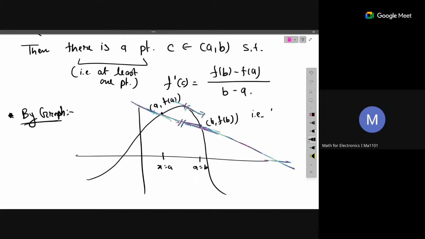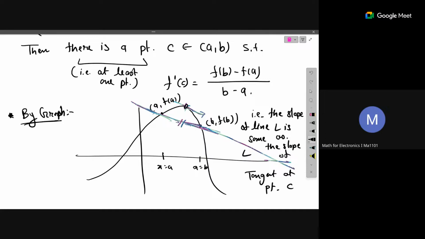So that means the slope of line capital L is the same as the slope of the tangent at point C. Suppose this is your point C comma f of C.